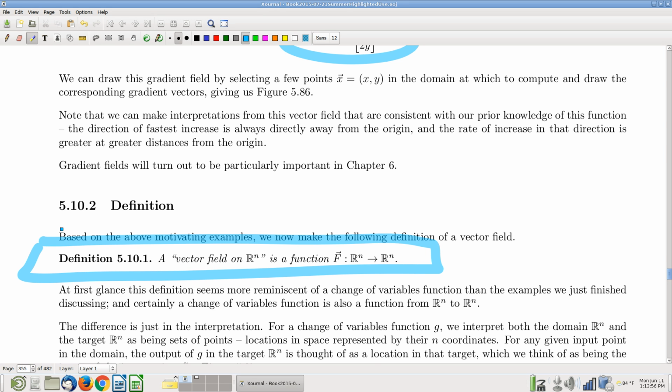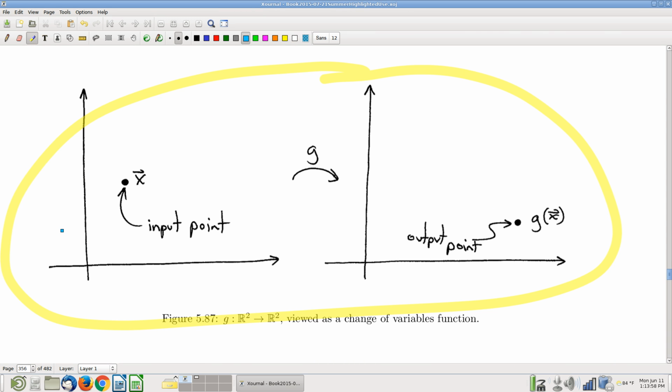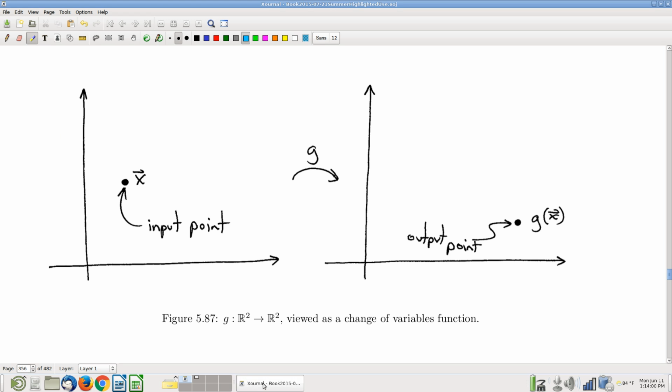So do be careful, by the way, don't interpret this as a change of variables function. I mean, you can interpret a function from R2 to R2 as a change of variables function, where there's an input that I view as a point, there's an output that I view as a point. And I view this as a way of relating points over here with points over here.